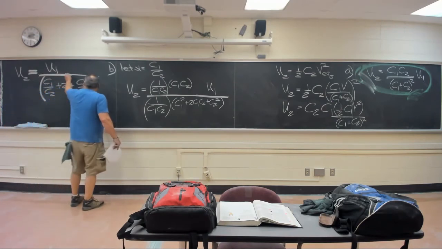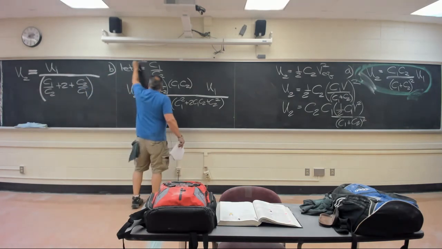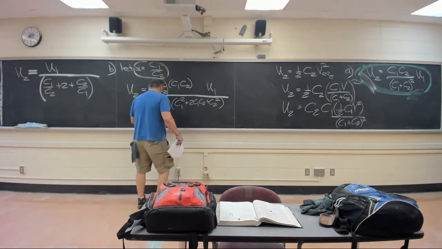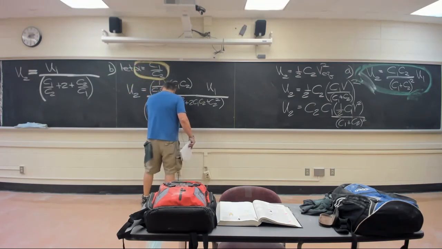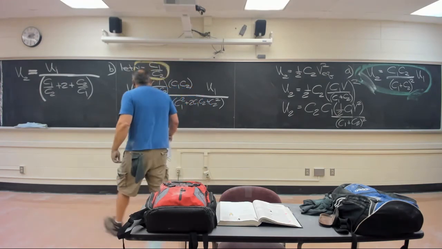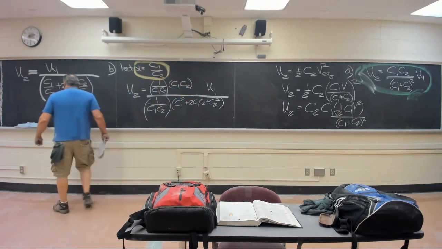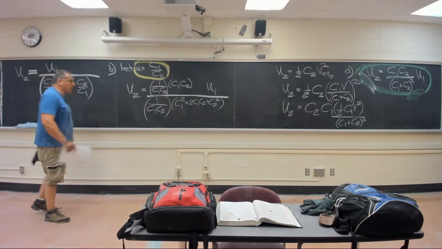What's going on? Well, didn't we say let's use x is equal to that, C1 over C2, huh? Yeah, U1 is a constant, so we're not really worried about it.